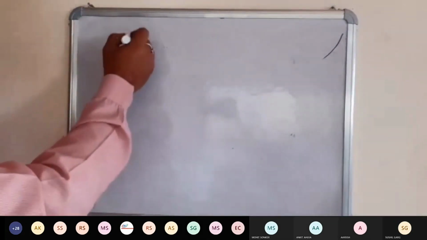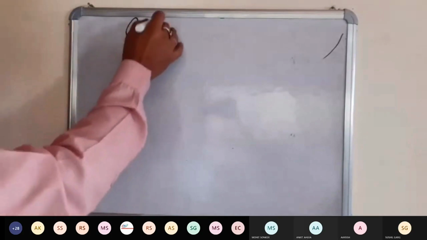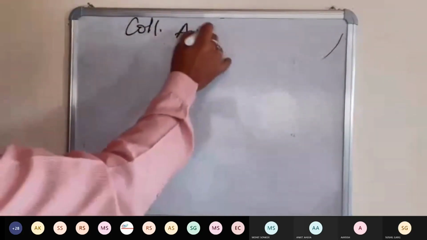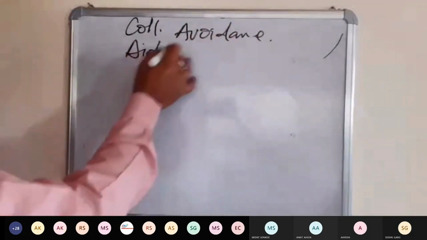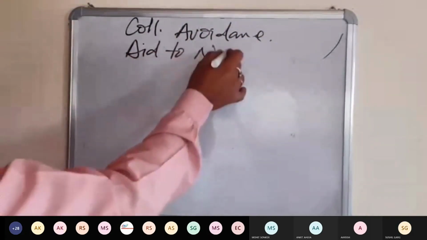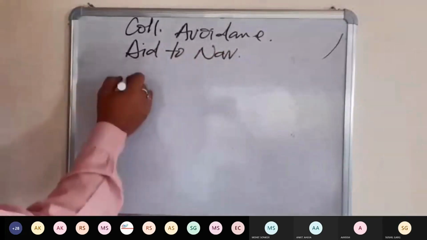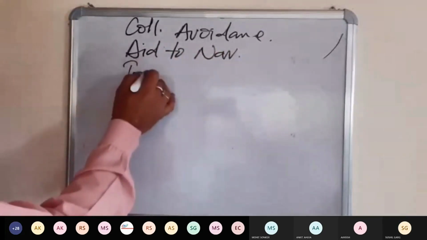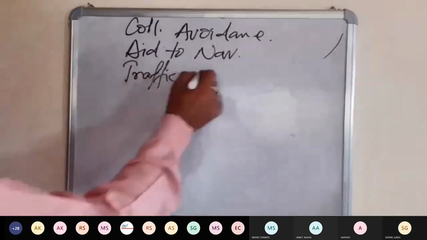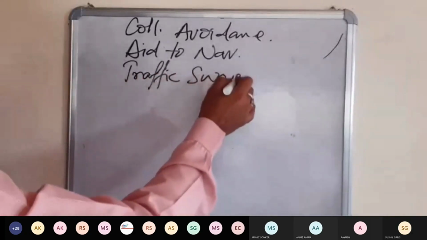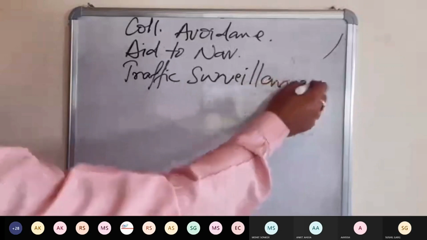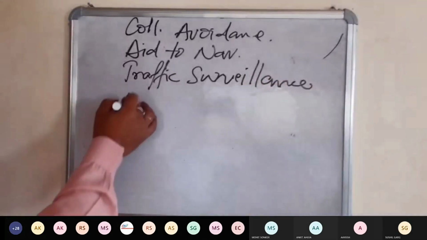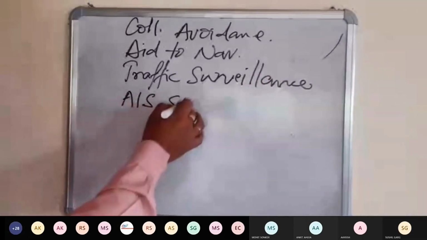So collision avoidance, aid to navigation. We have already seen traffic surveillance. We also talked about AIS SART.